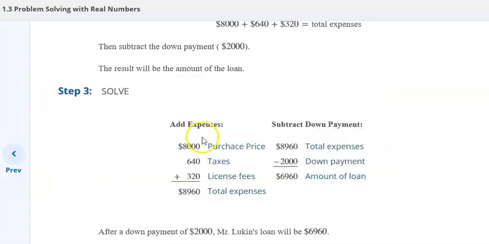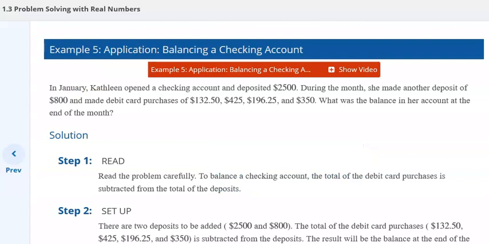And we see it listed here in a very neat and orderly way. So after you subtract the 2,000, the amount of loan from the credit union will be $6,960. Going on now to example 5.